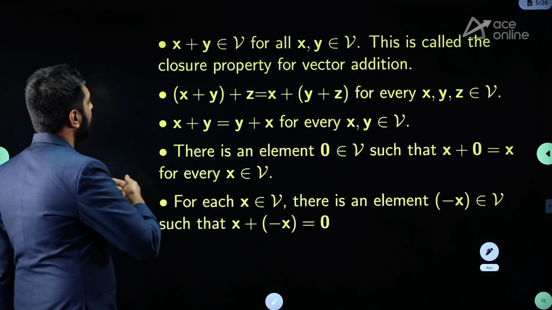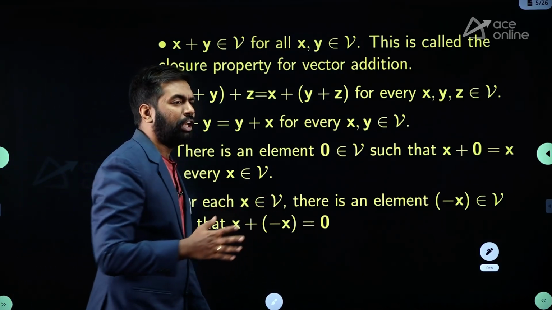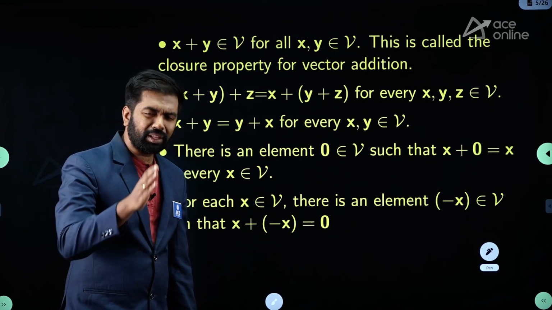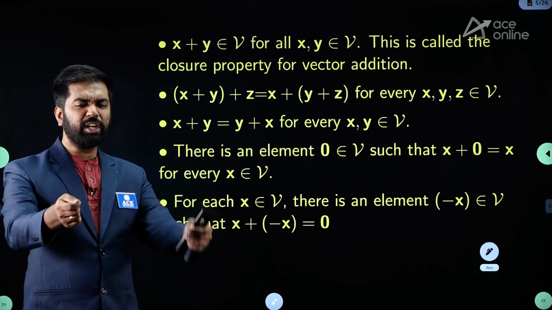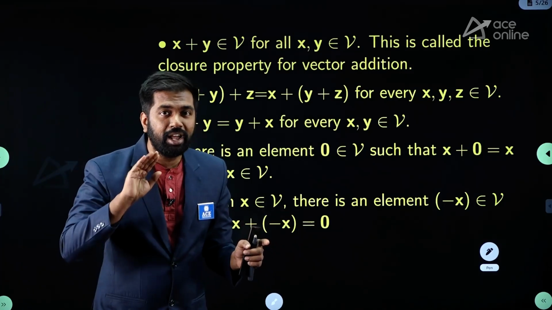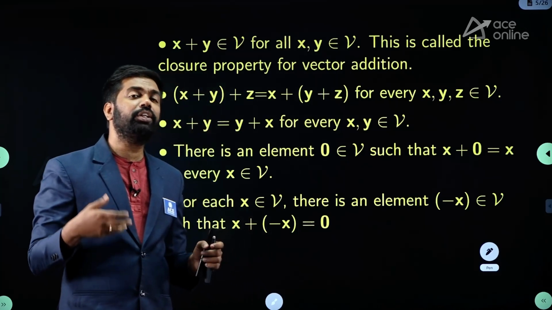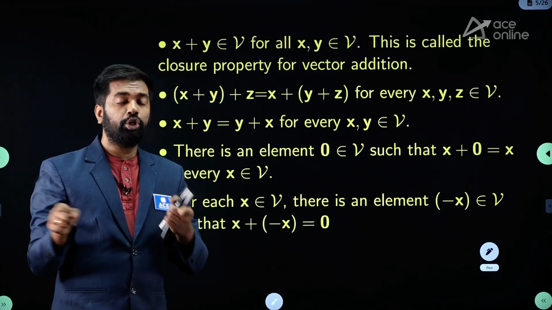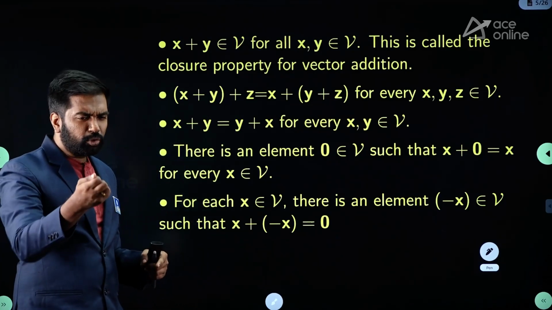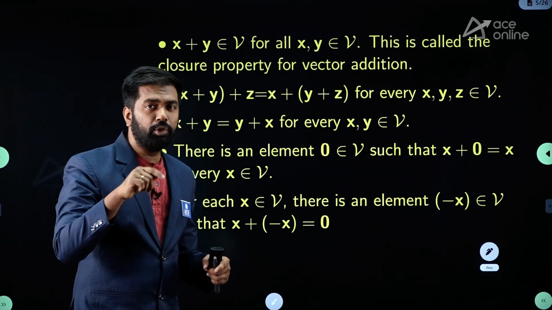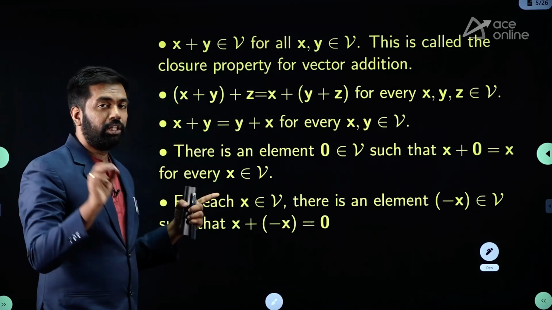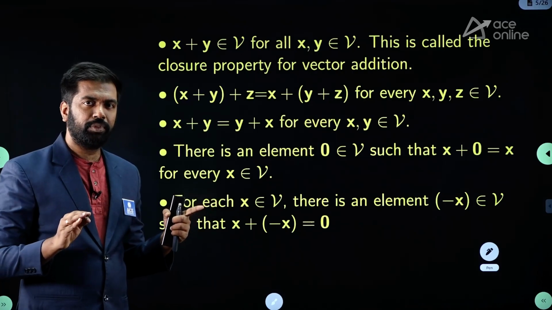Let us look at the conditions over vector addition, very simple. Let us see the first condition. V is a set, and you take two vectors from that set and add them. If you add, you get a new vector, and that new vector should also be a part of the given set V. That is the first property, and it will help you in problems for verification purposes.